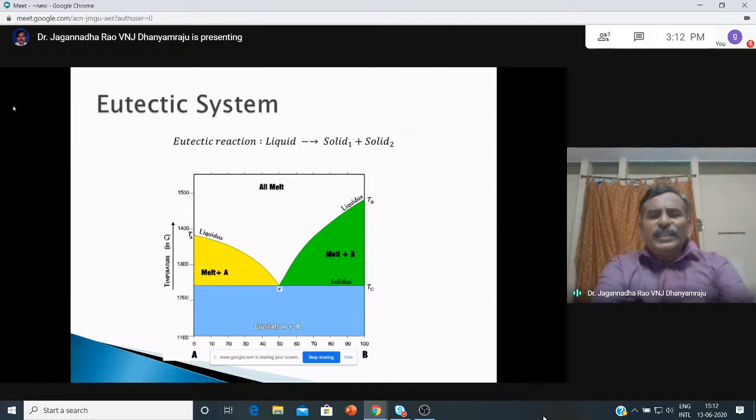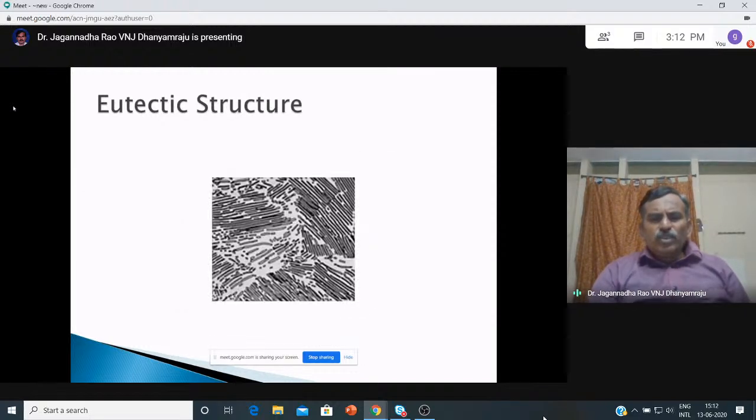So that is called a eutectic reaction. So here there are two solids that are precipitating from a homogeneous liquid, and the microstructure of this one appears like this. It is a fine lamellar fingerprint structure which is very strong, right? Normally eutectic structures are very strong.